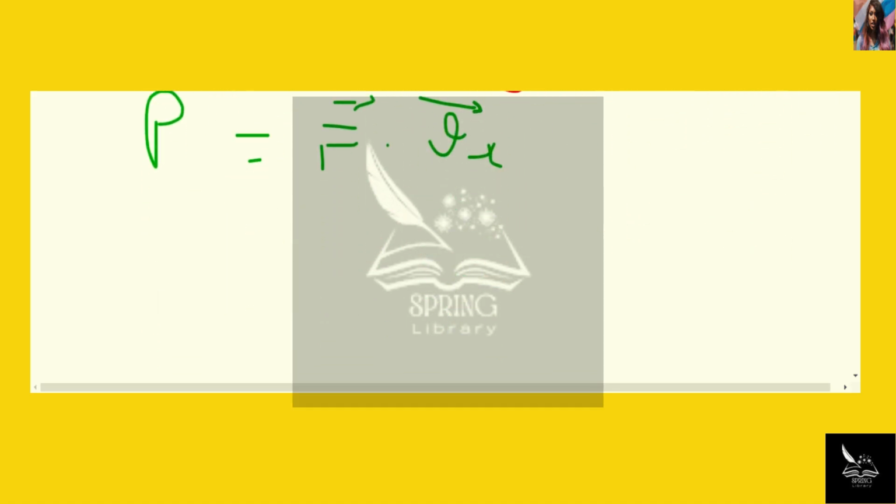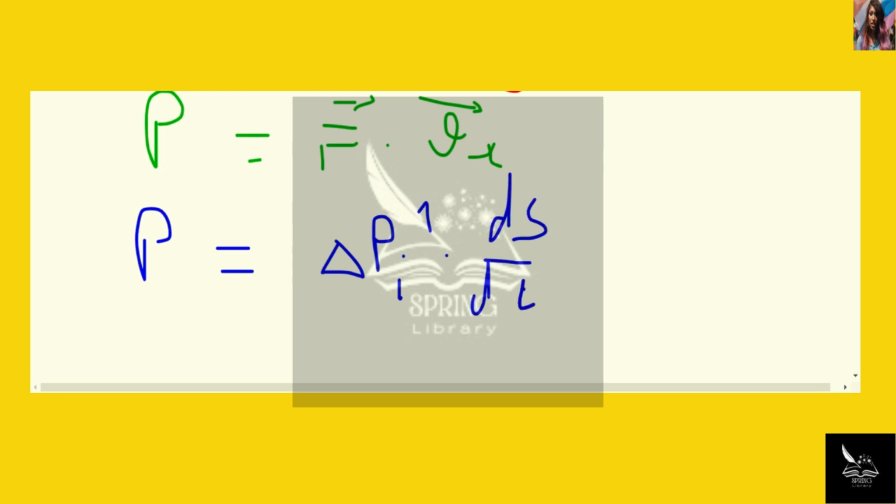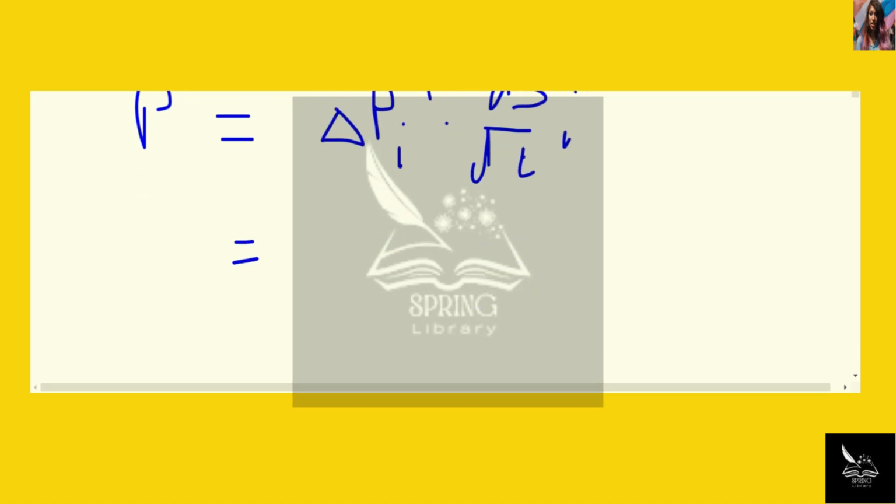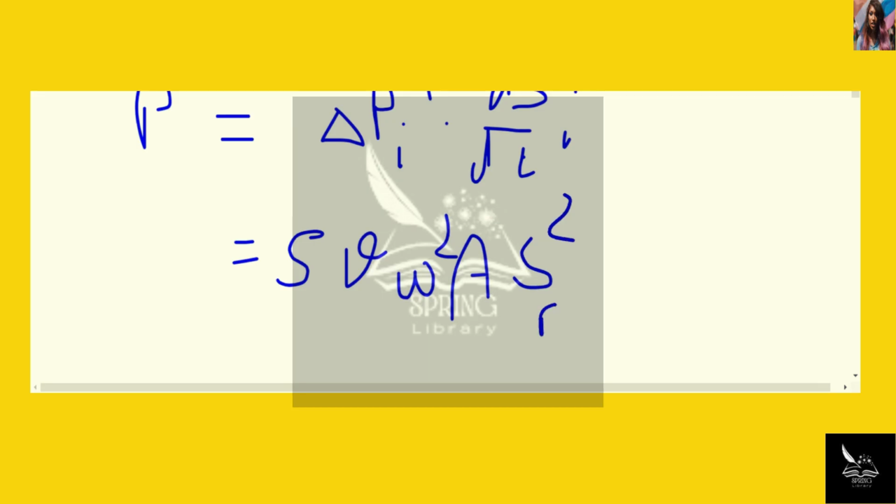Also, another expression for the power is ΔP times ds upon dt. Let's expand the terms, so we can write ρvω A s_max squared sin squared(kx − ωt).